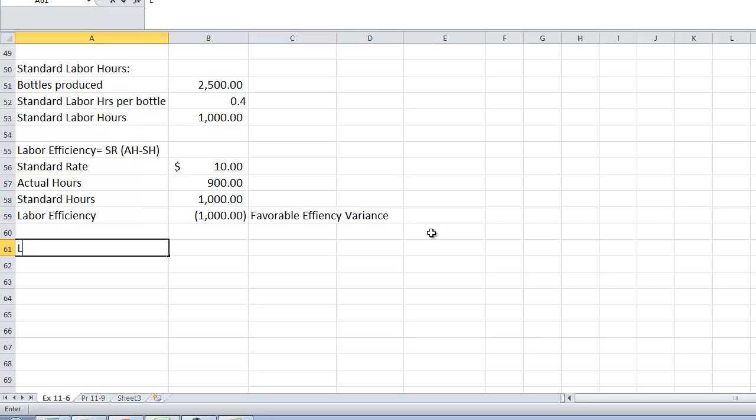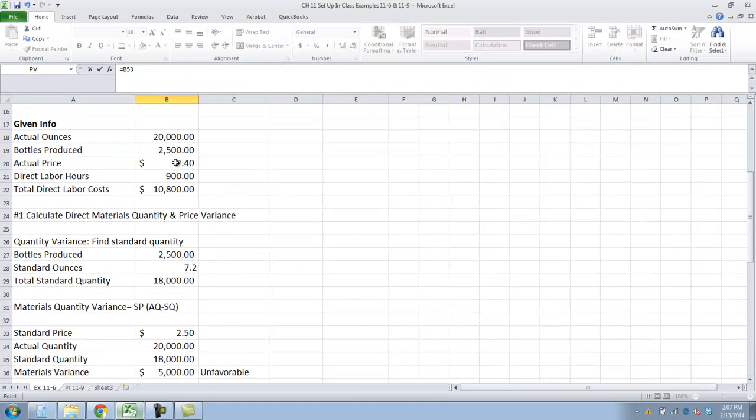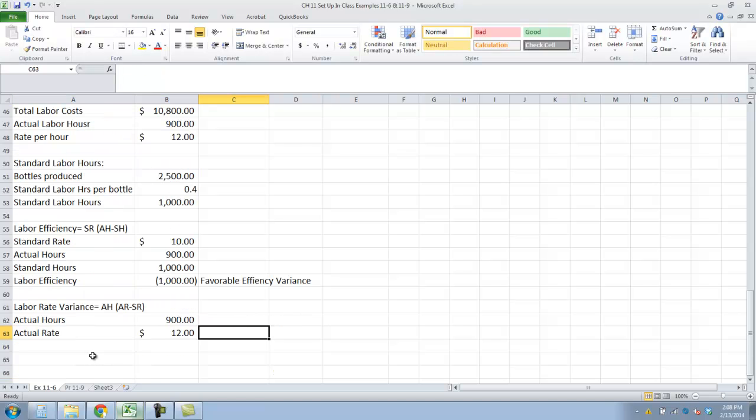Now, if we want labor rate variance, the formula is actual hours times actual rate minus standard rate. Okay, so actual hours, which we were told is 900 hours. Actual rate, we calculated $12 an hour.